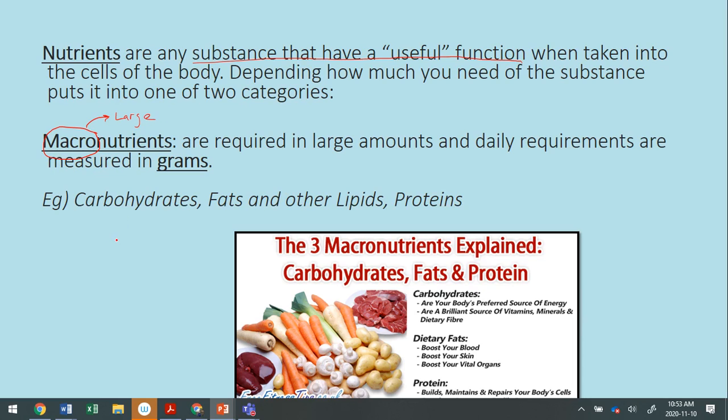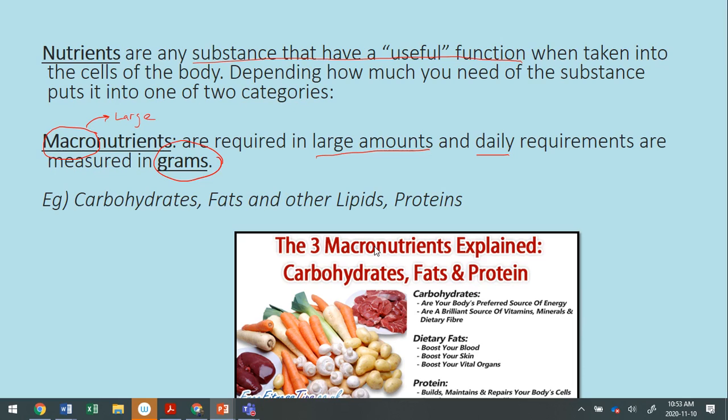So macronutrients are nutrients that are required in large amounts on a daily basis. And we measure the amount that we need to take in grams. So for example, if you are an athlete and you're very, very active and you're trying to put on muscle mass, they say that you need about 1 gram of protein per pound of lean body tissue.